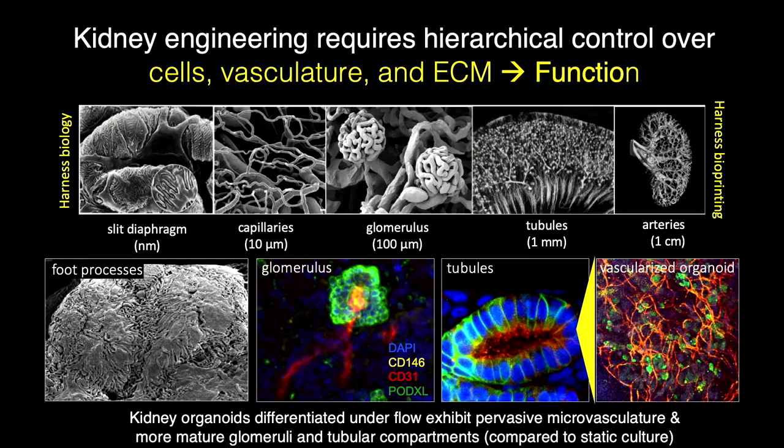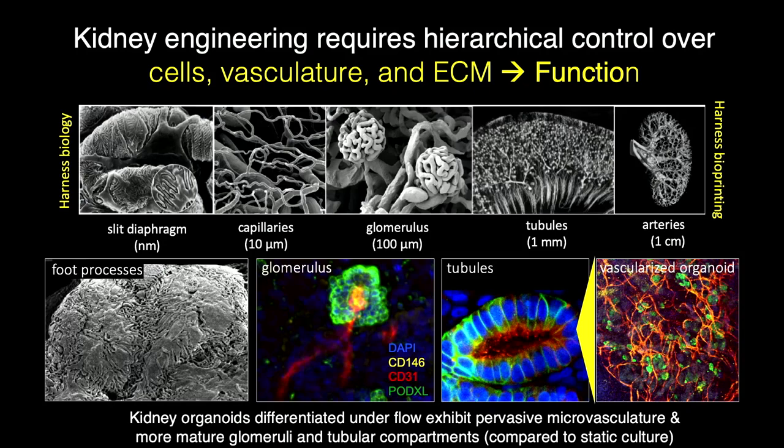I won't go into all the details here, but I think I can convince you that within these organoids, we've got regions that are glomerular-like, that have capillary invasion, and you can even see the semblances of foot processes, much like you see, again, in native kidney tissue.